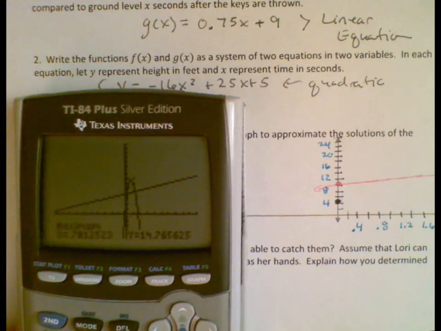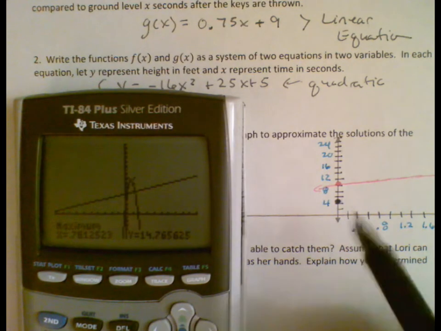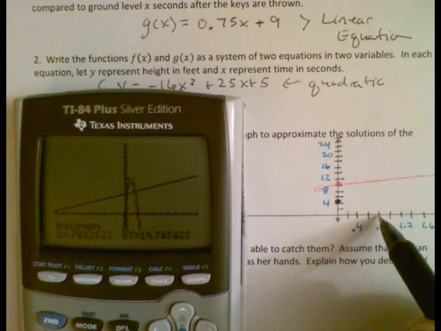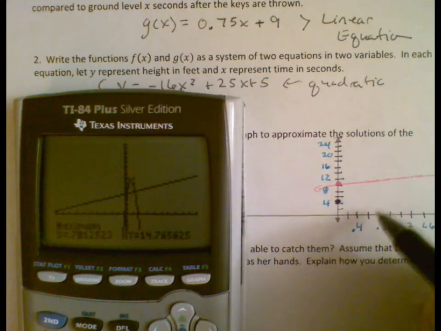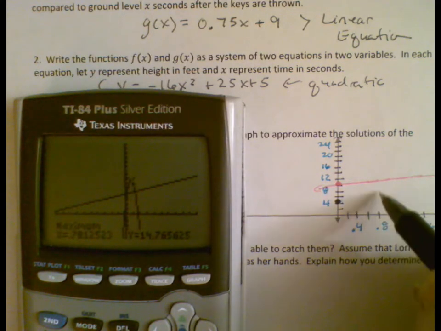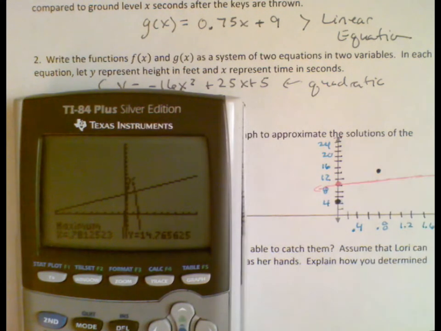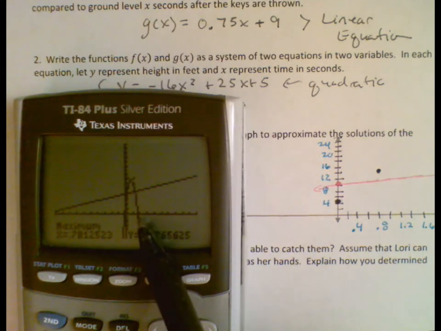So that's at about 0.8, we'll say, and then 14.5. So it's about right here. And then I want to figure out this point where it comes down.